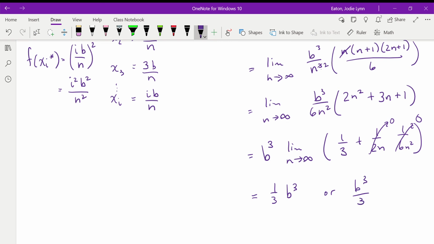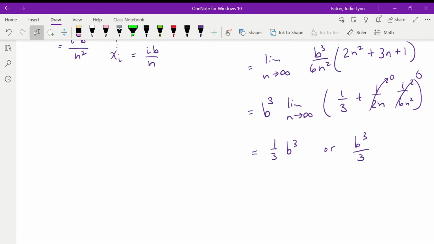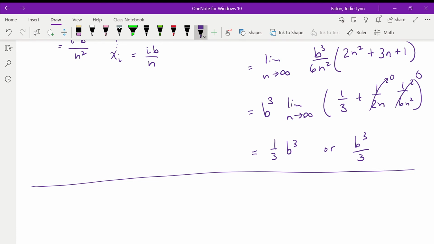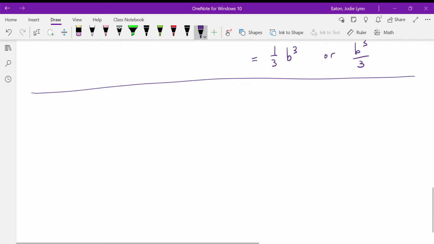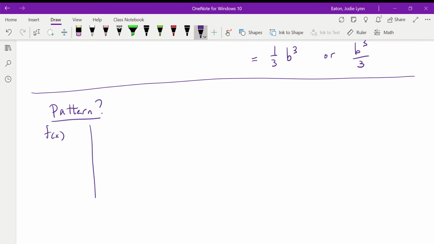So let's see if we can see a pattern from all of this. Let's look at the 3 examples we looked at. So we have f of x, and we have the integral from 0 to b of f of x dx.